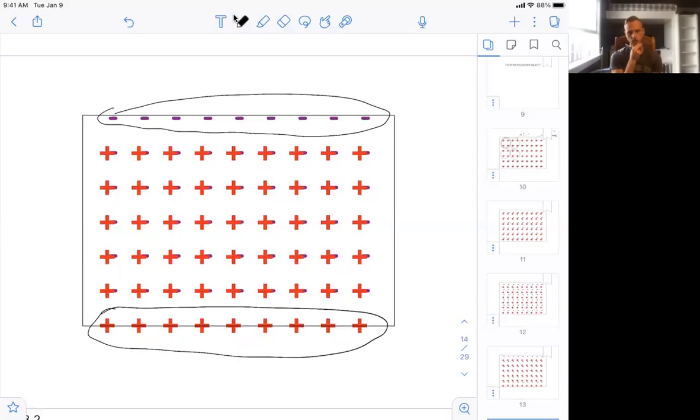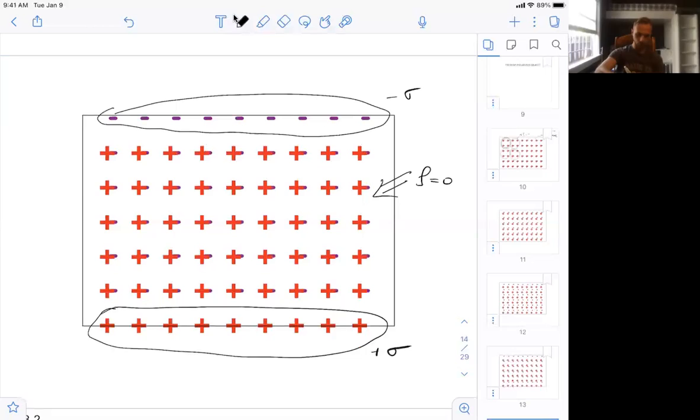Within the material itself, you still have 0 density. This corresponds to a uniform polarization. You end up with just the surface bound charge on the top and bottom surfaces, but within the volume itself there is still 0 charge density. The top surface is going to have a negative sigma, and the bottom surface a positive sigma.